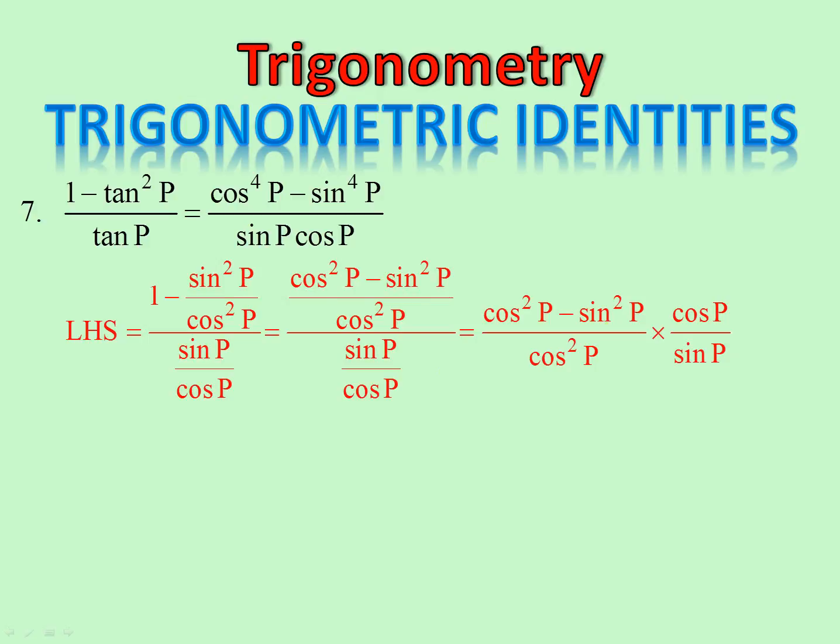Which means now, dividing by that means I'll multiply by the inverse. Cos cancels into cos squared, give you just cos times the sine. That's as far as we can go on that one.